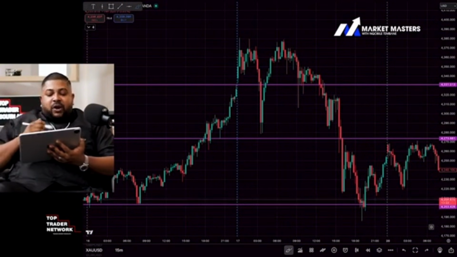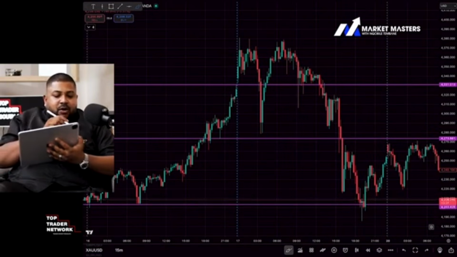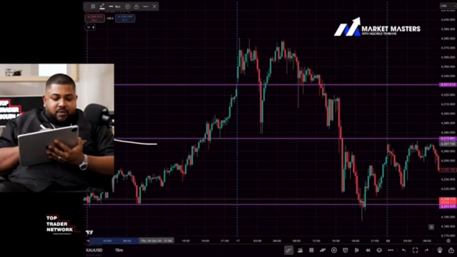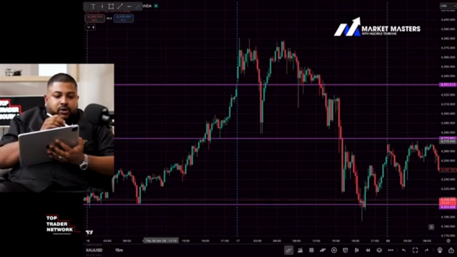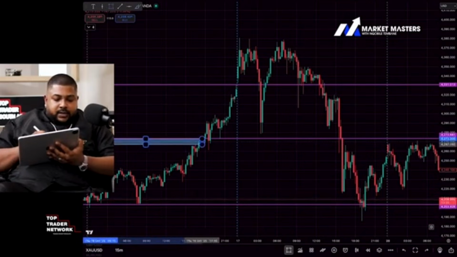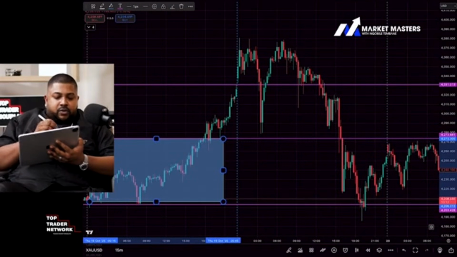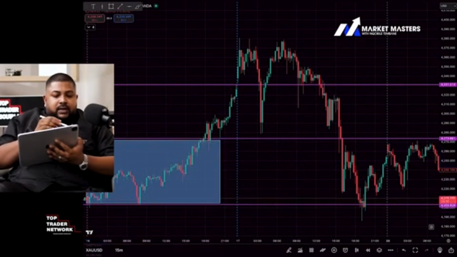All right, so we've got our 3 levels drawn up. Remember I told you we had our box. Remember our box? Let me just do this again, guys, forgive me. We had our box drawn up. We knew that this box was our accumulation phase.